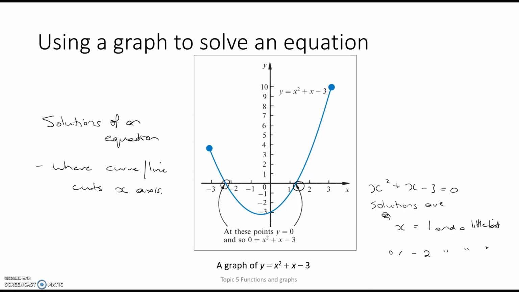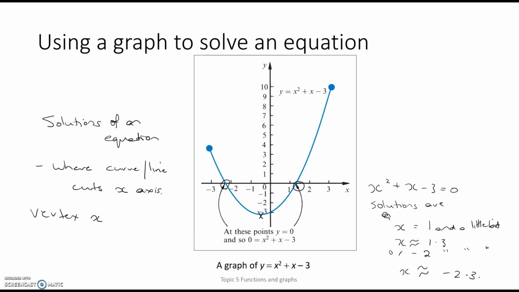If I were to use my calculator, I might have seen that x was approximately equal to 1.3 and x is approximately equal to -2.3. I could also find the vertex. The vertex is this bottom corner and it's going to be halfway between the two intercepts there.